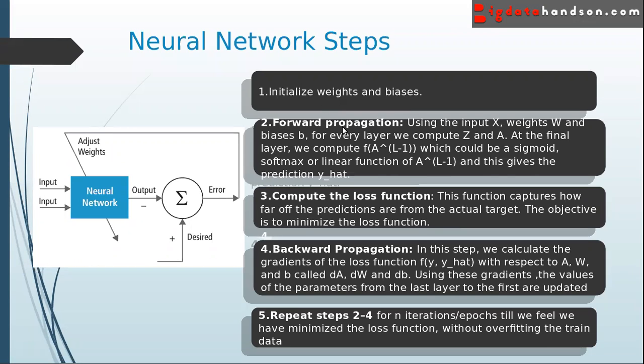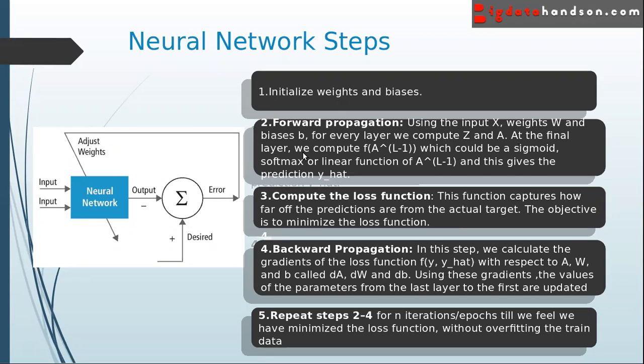The second step is forward propagation. Forward propagation is, given the features, we forward them to the neuron, and then it will compute mx plus c using the equation. That's the second step, forward propagation. Using the input x, we multiply with the weights and add a bias for every layer, and compute z and a.